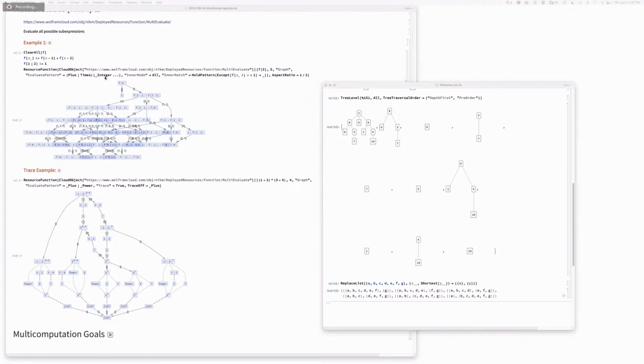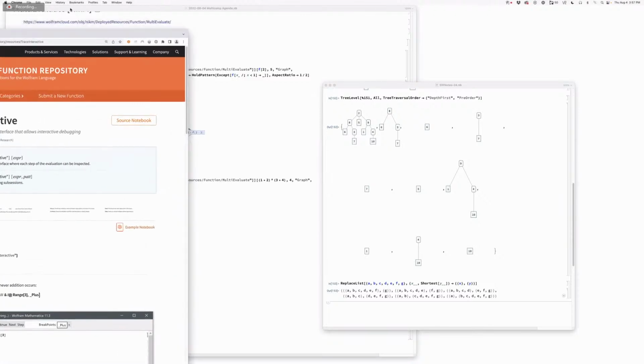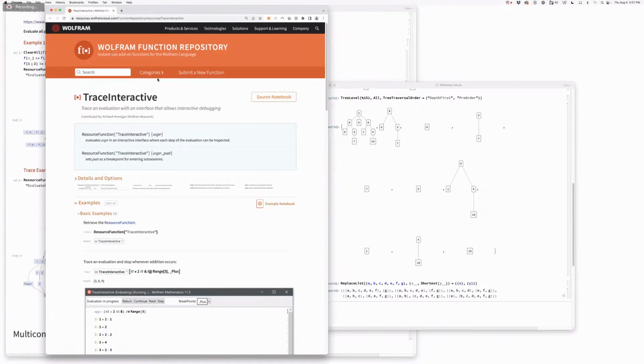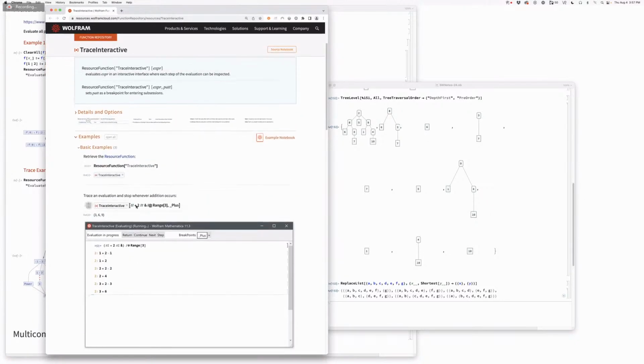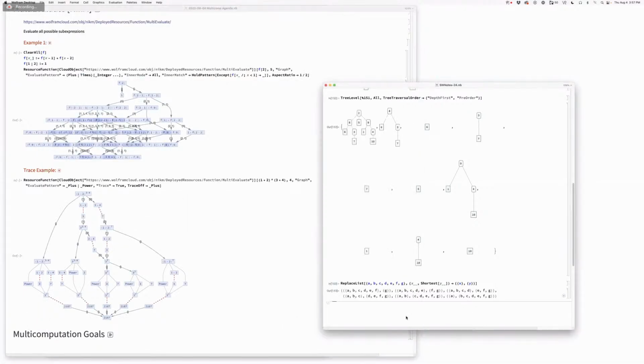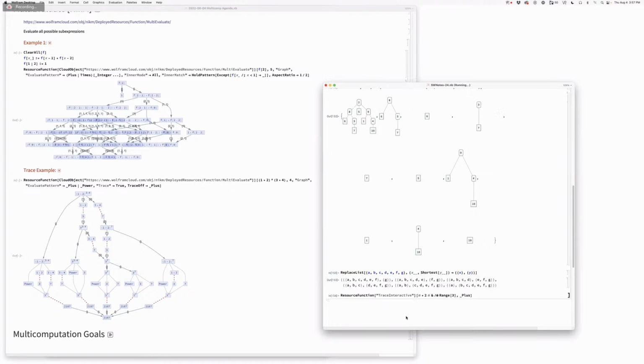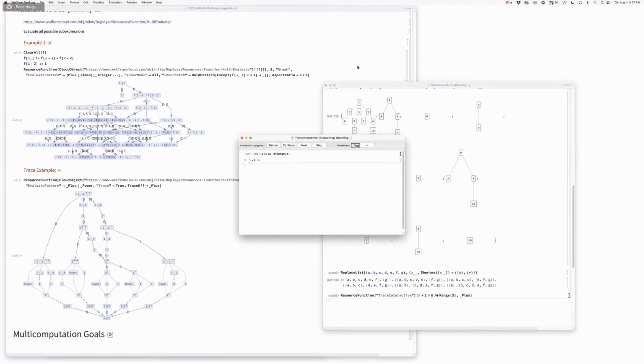Did you build something? Is this Trace Interactive something you built? No, it's not mine. It's by Richard. It's an old thing already. Okay. But something like this where I can also pick the different parts and different results if it's a replace list ambiguity, basically.